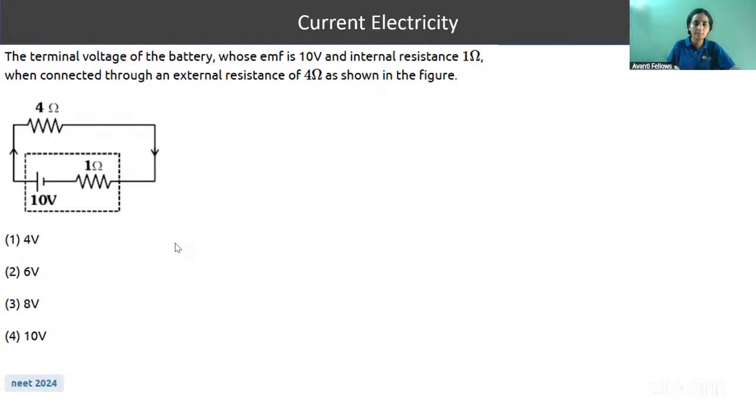Again, this is a very simple question, so I will be giving you 1 minute only. You just need to put in the formula, getting the answer type question.